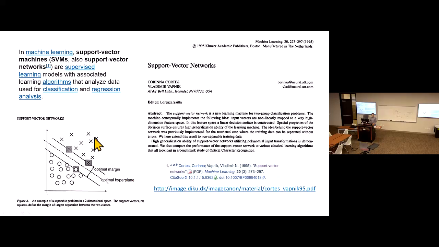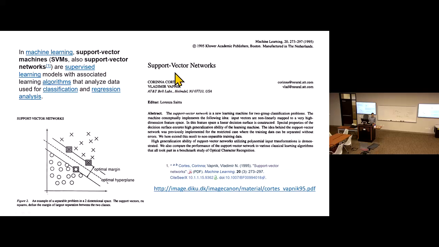Okay, the problem is classification. So we have these crosses, dots, and circles. It's the same idea as this, okay? You have training data. The support vector algorithm tries to find a divider. This is a straight line which runs across the middle of these two groups. And what are support vectors?